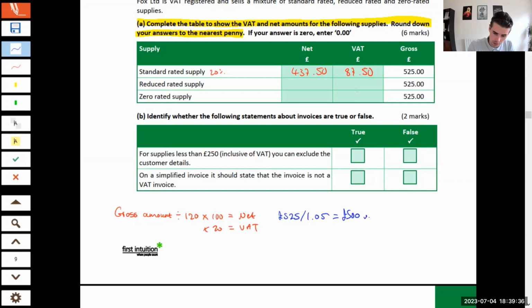Give me £500 net. I can put that in there. And of course, the difference between the two, my net and my gross, has to be the VAT. £25. Well done, guys.